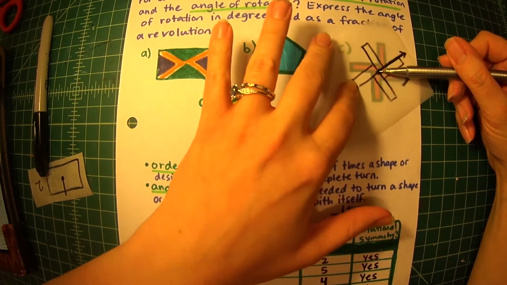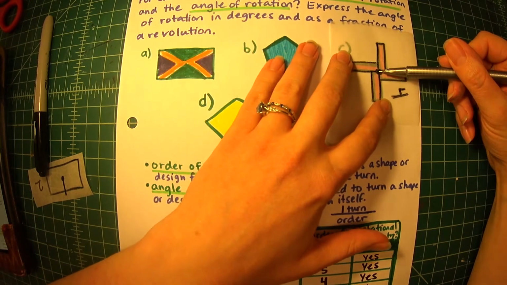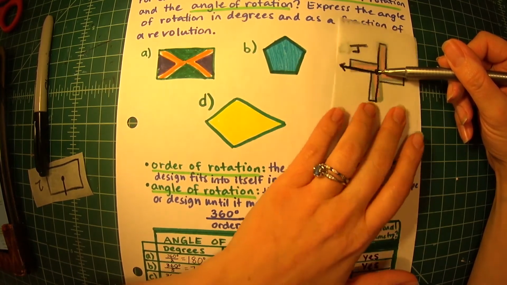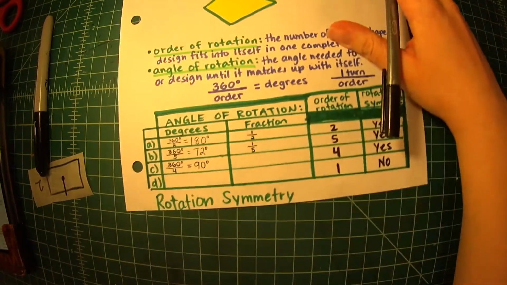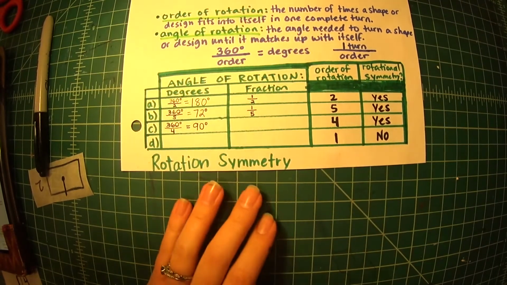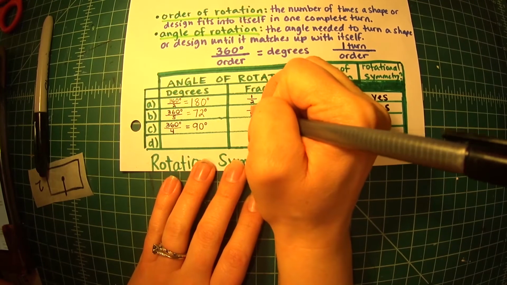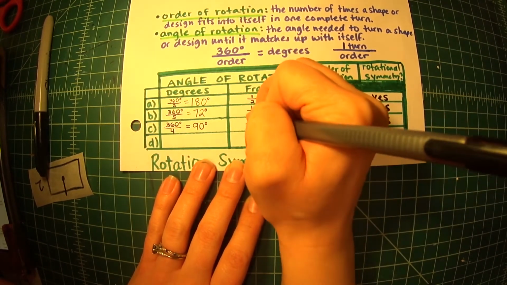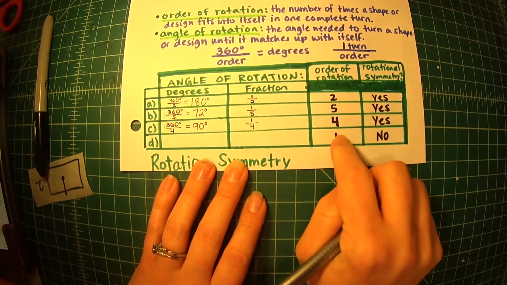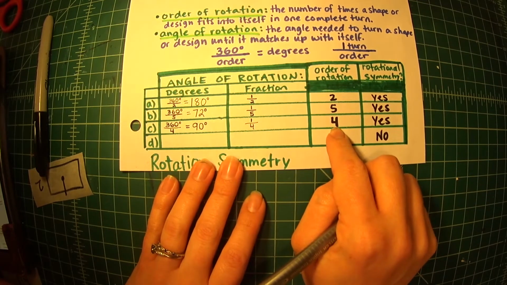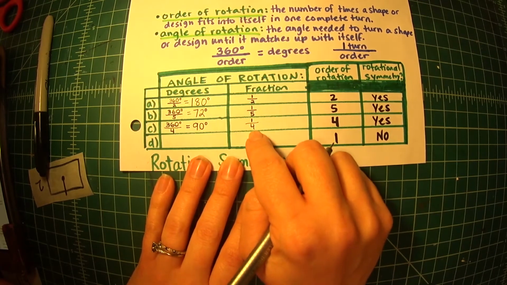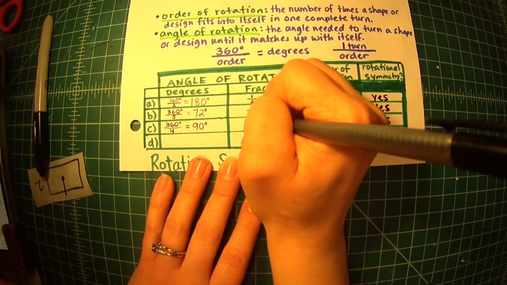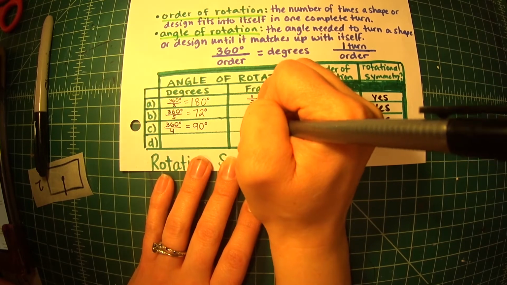So 90 degrees, a right angle, matched up. 90 degrees, it matched up. 90 degrees, 90 degrees. Okay, for my fraction of a turn, 1 in the numerator, as always, over order of rotation, which in this case was 4. So I turned it a quarter of the entire turn each time to get a match with itself.